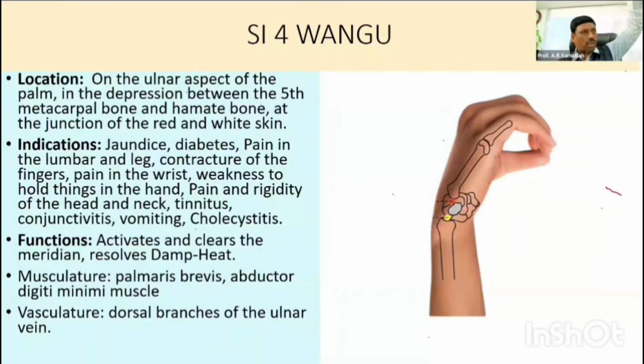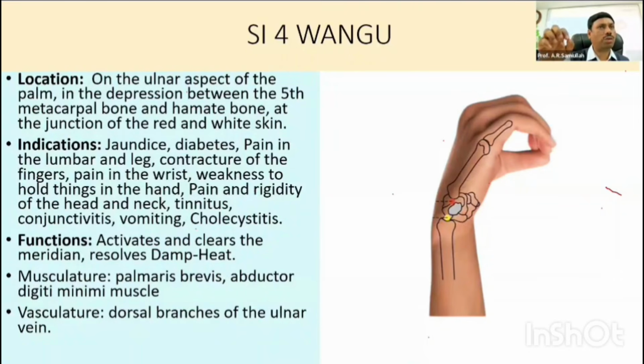Where is the point located? In the depression at the junction of the base of the fifth metacarpal bone. That point is known as SI4. SI4 is a beautiful point to treat numerous conditions.